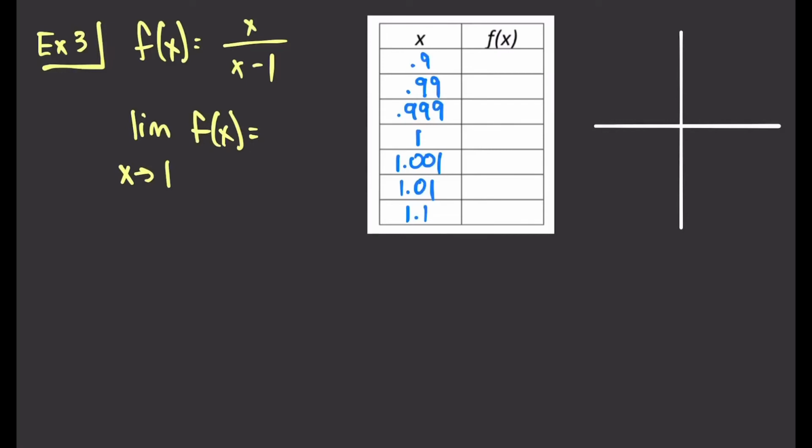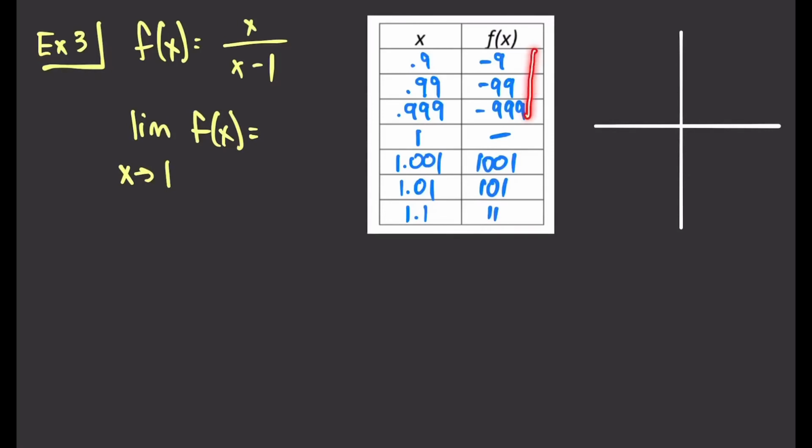Okay, so if I throw that into the table, what I got here, let me just double check, is negative 9, negative 99, negative 999. Does not exist at 1. Then I had 1001, 101, and an 11. So notice this, all right? These are not approaching the same number.